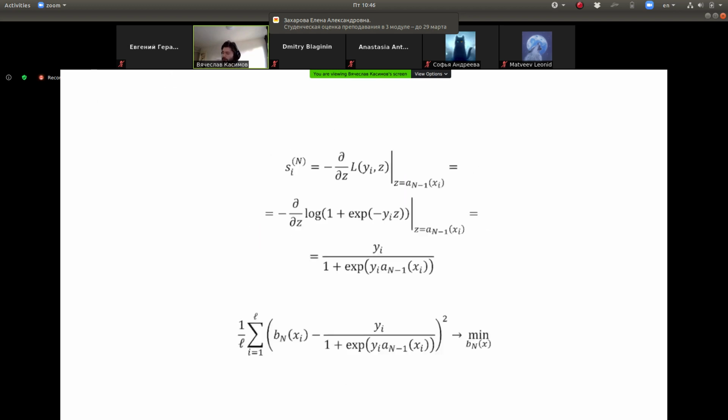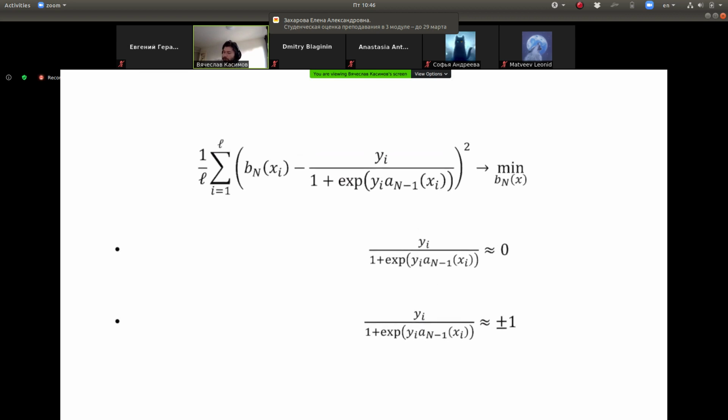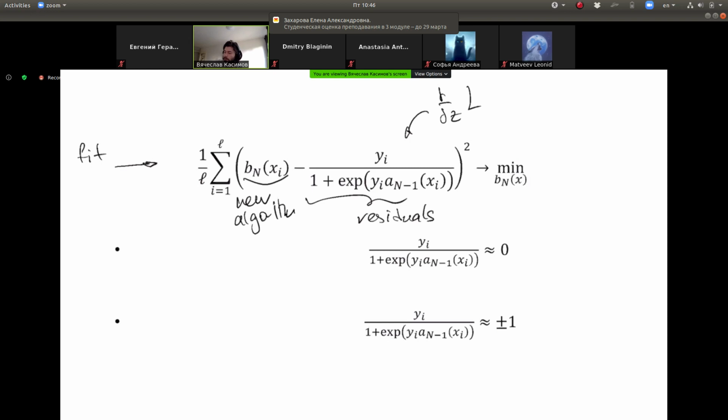So this is the derivative of the loss, and to solve this problem, we project a new algorithm onto these residuals. This guy is the margin.